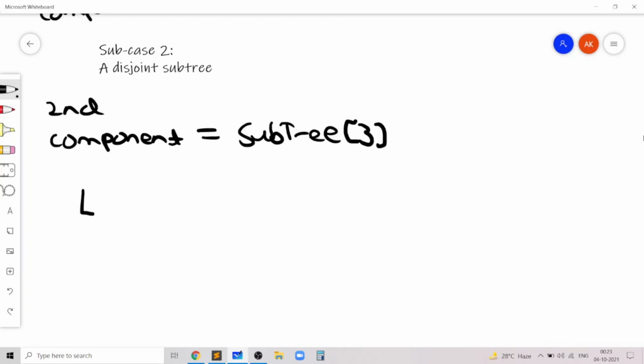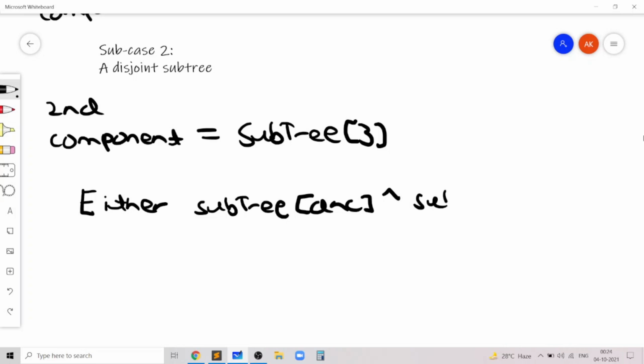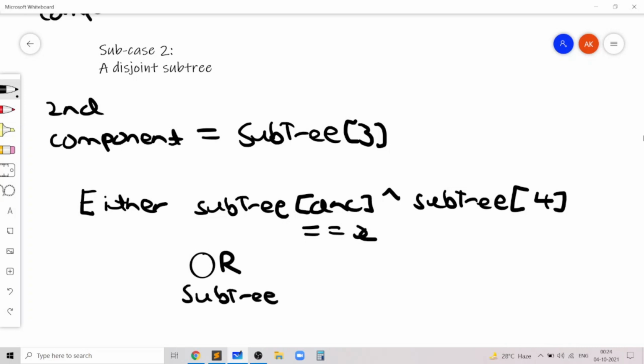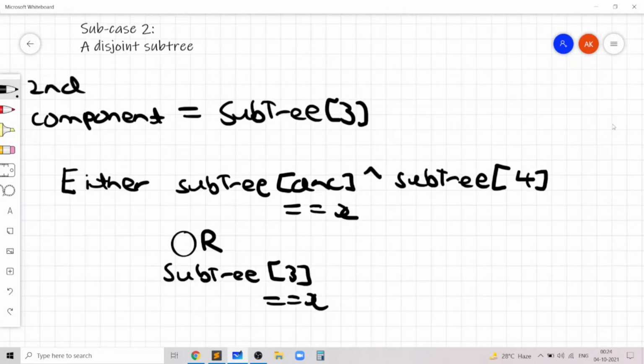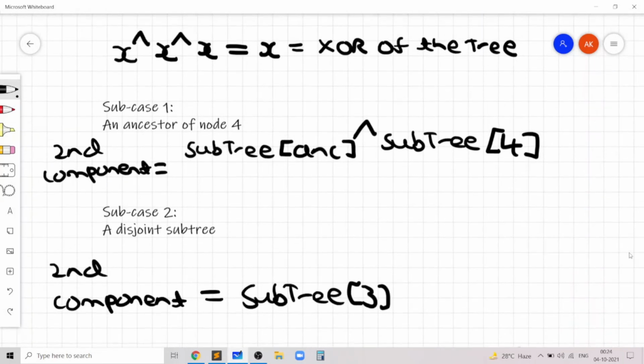So either subtree XOR of some ancestor XORed with subtree XOR of the node 4 is equal to the value x, or the subtree XOR of 3 is equal to the value x. So in this example, that's what we realized. And either of these 2 conditions should be met.